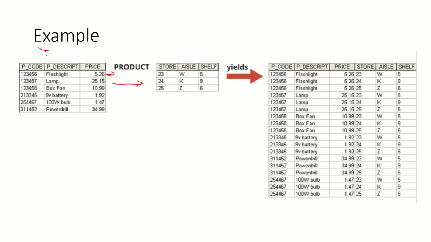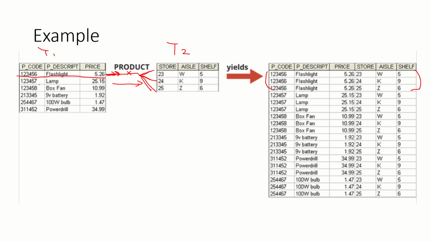Each row will be multiplied with every row of table 2. So in this, the first row will combine with 3 records of table 2, which creates this table.